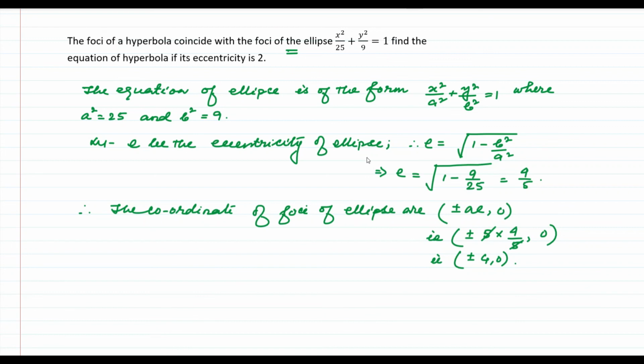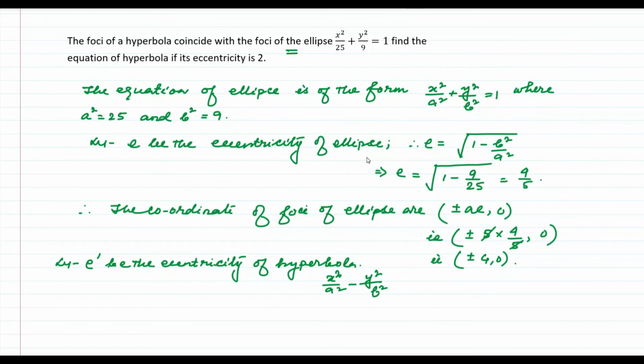Now let E prime be the eccentricity of the hyperbola. For the hyperbola, we can write the equation as x square by a square minus y square by b square equals 1.